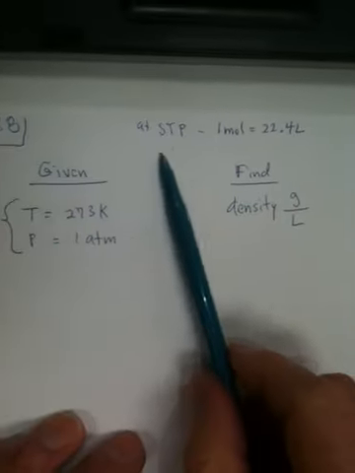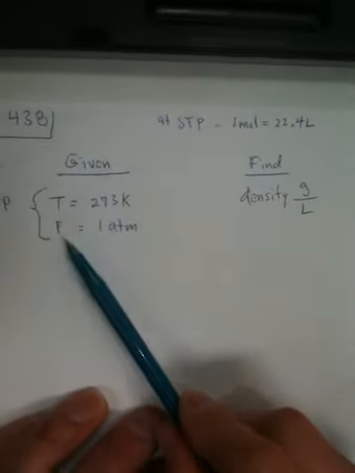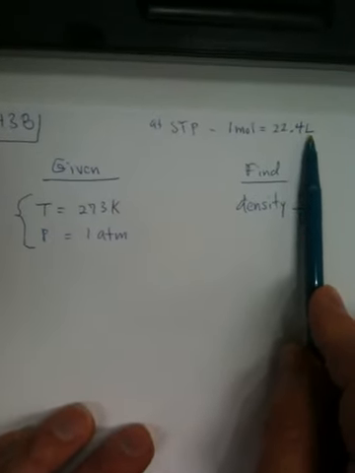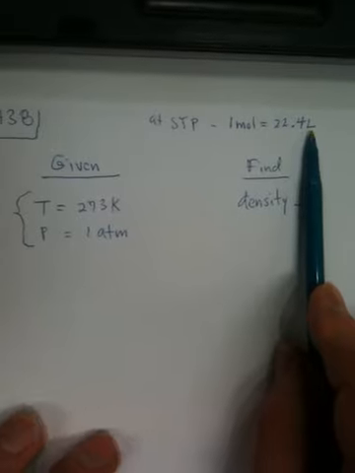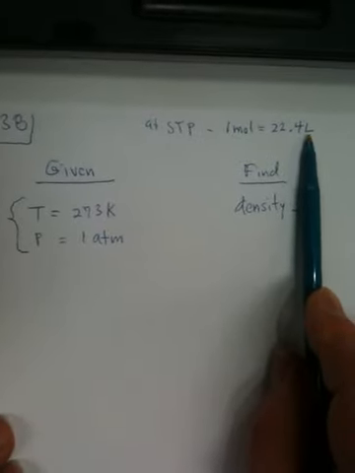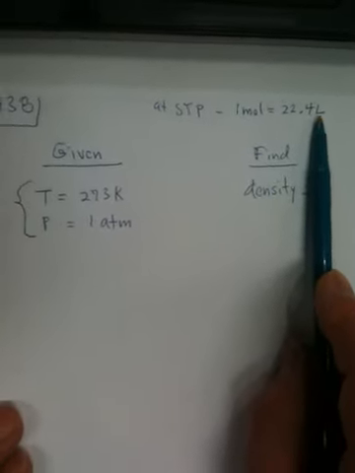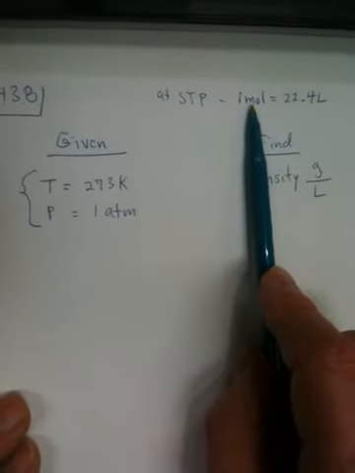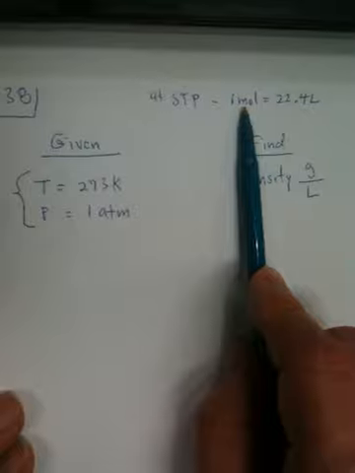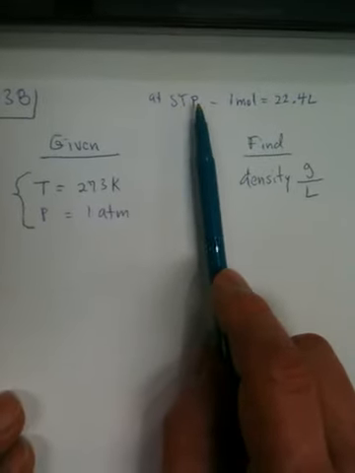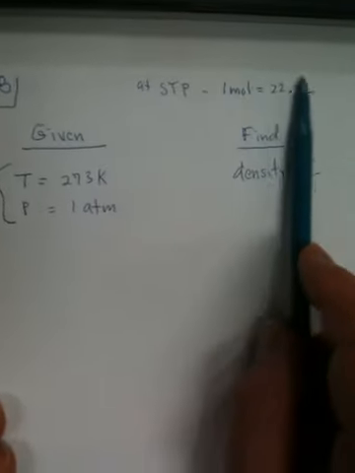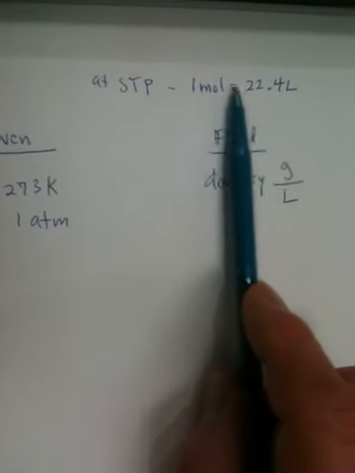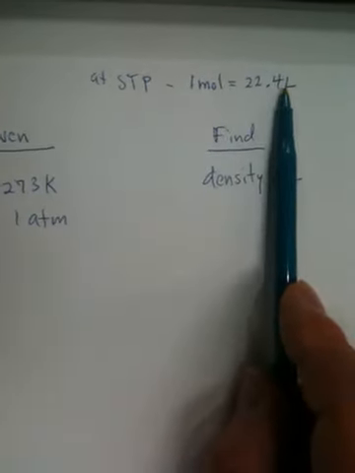Now look what that does. It gives us temperature, pressure, moles, and liters, all related to each other. That's important because you can't just say, oh, I have 22.4 liters. Well, what does that relate to? In this case, it relates to not only moles, but it also relates to temperature and pressure.